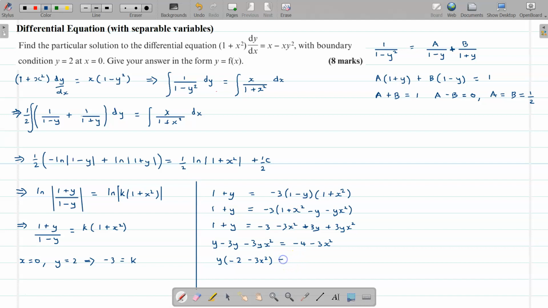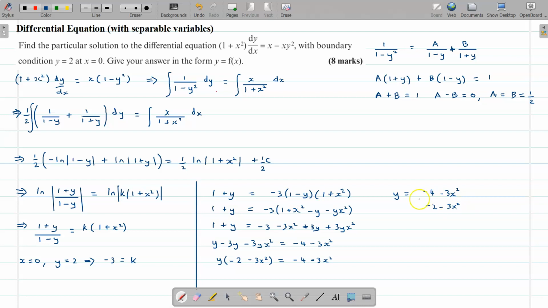And on the right, I've just got minus 4 minus 3x squared. Now everything is negative on all four of those terms, because I'm going to put that bracket underneath here. So I can simply say from here that y is the negative of 4 minus 3x squared, and underneath that I've got minus 2 minus 3x squared.